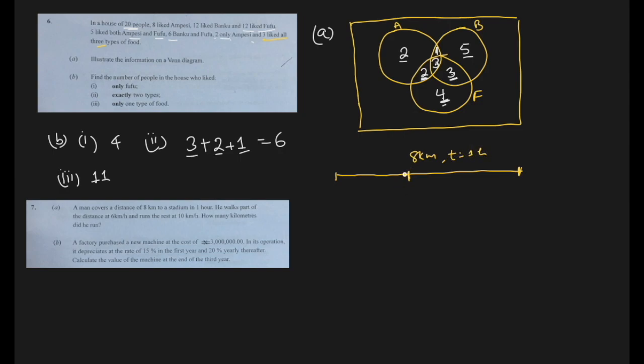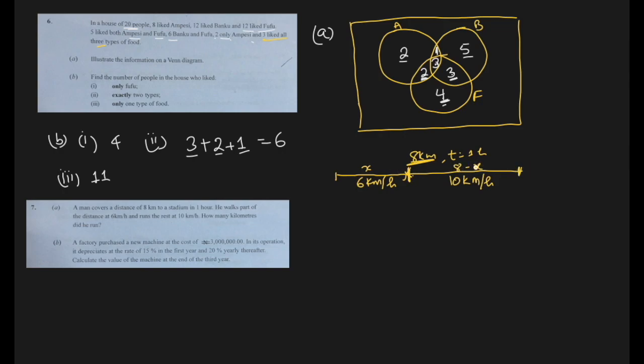Partially, let's say up to here, let's call it x kilometers out of 8. He's moving at 6 kilometers per hour and runs the rest at 10 kilometers per hour, and we know this will be 8 minus x. Why? Because total distance is 8 kilometers, x is up to here, so from here to the other part will be 8 minus x.